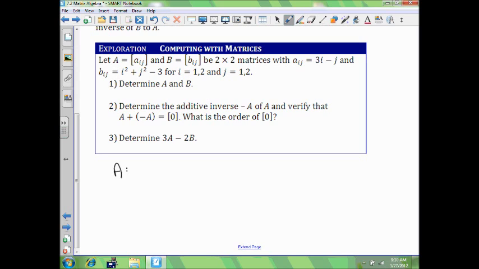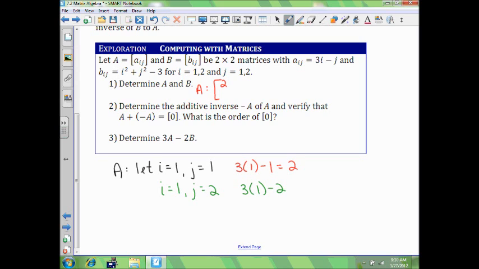will be, for your first part, we're going to let i equal 1 and j equal 1. So when we put it into the first one there, 3 by 1 minus 1, which is 2. So there's our first entry 2 of our 2 by 2 matrix. Now for our second entry, our first row, let i equal 1, j equal 2. This means first row, second column.